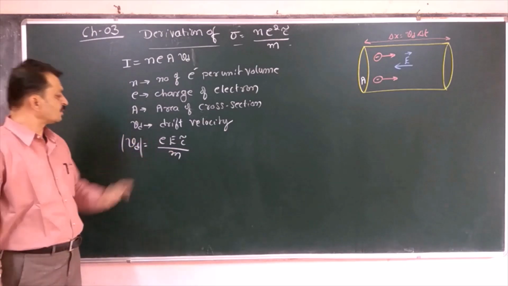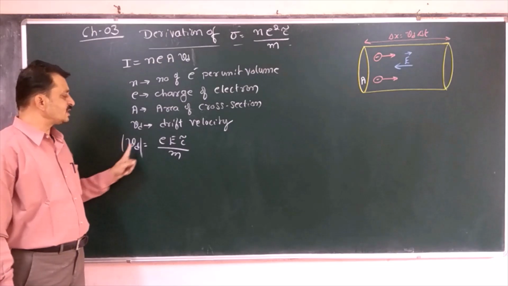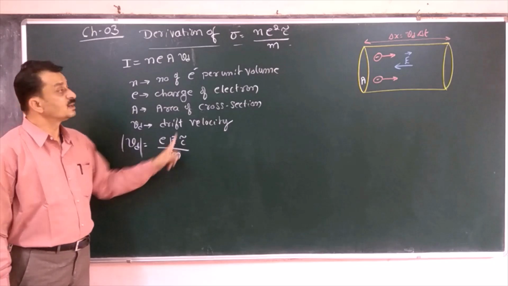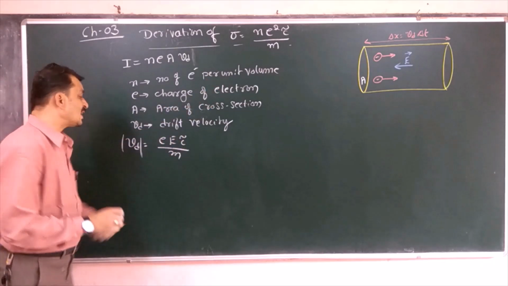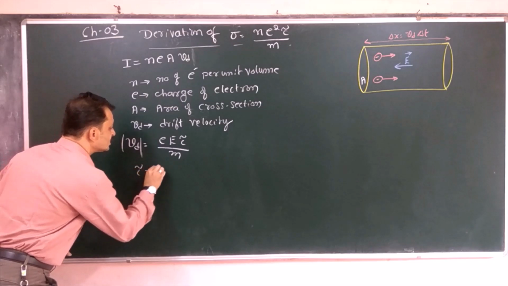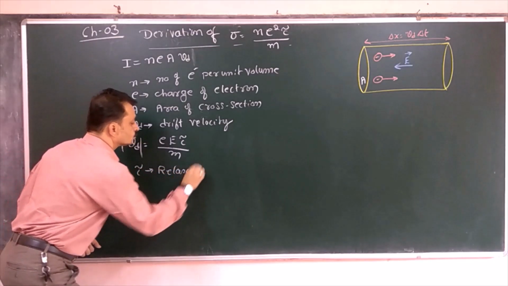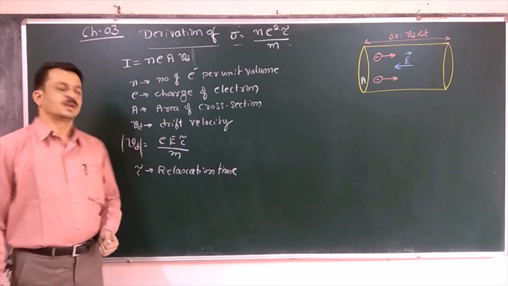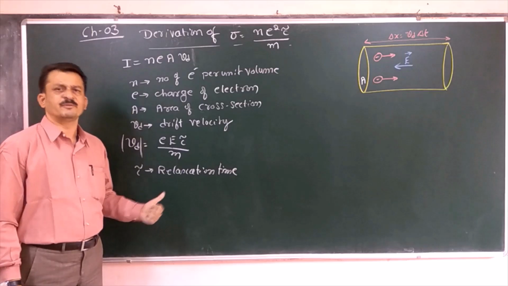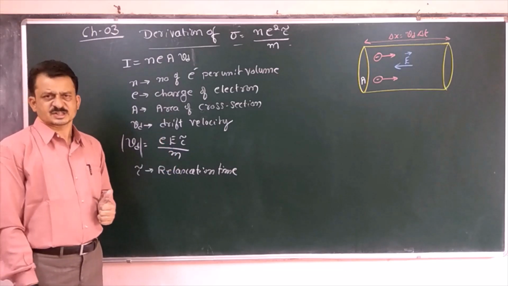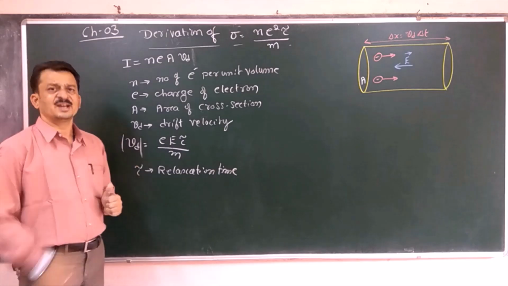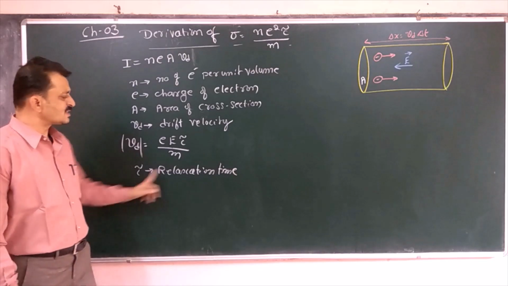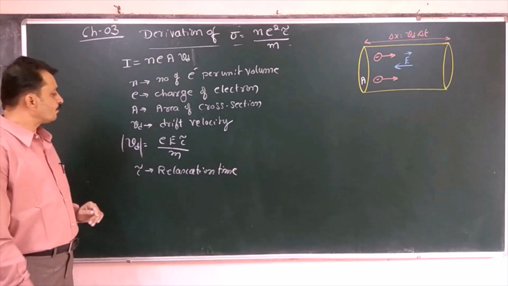So the expression for drift velocity is equal to e, the charge of the electron, capital E, the applied electric field, tau, the relaxation time. What is relaxation time? The average time interval between two successive collisions. The electron relaxes between two collisions, and we call that average time the relaxation time.